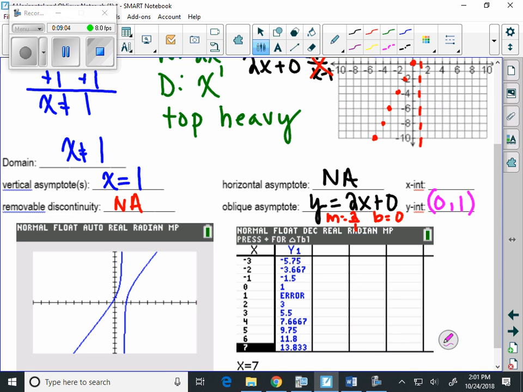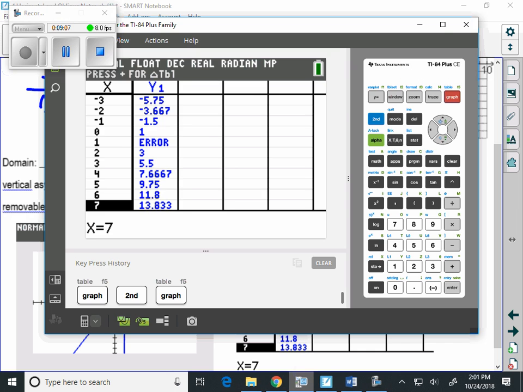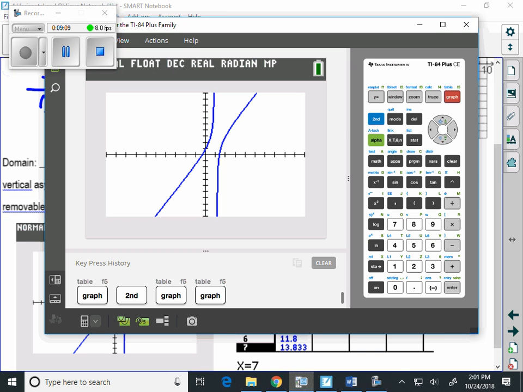Now, if we look real close here at our picture, since I'm making this video, I should point out what values I'm talking about. I'm talking about this point right there, which is an x-intercept, and this point right there, which is an x-intercept.